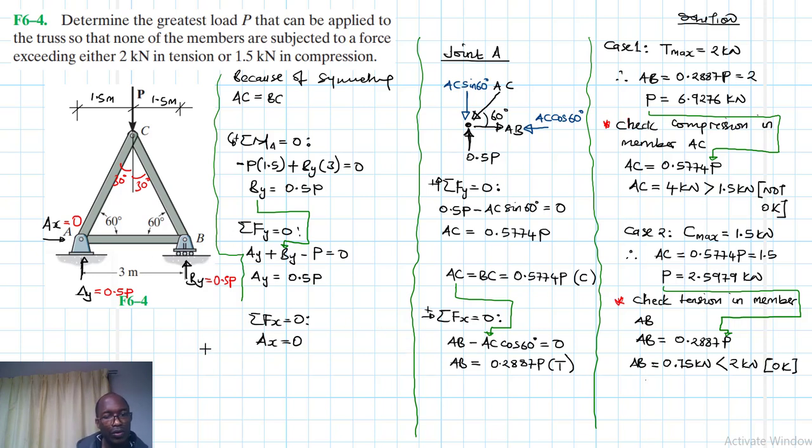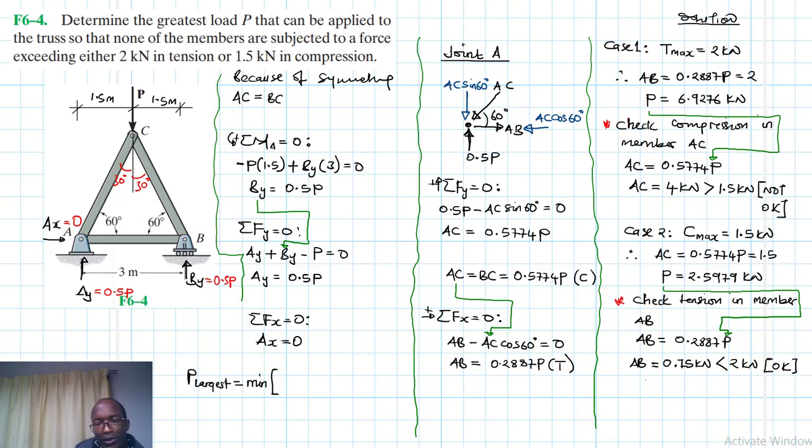So the value that we are going to pick, let's say P largest, is going to be equal to the minimum value from the two values of P.